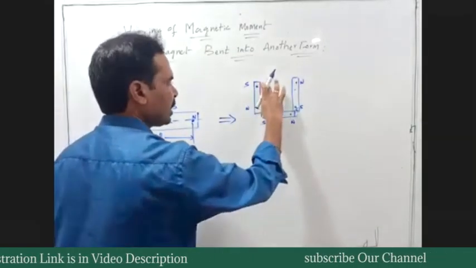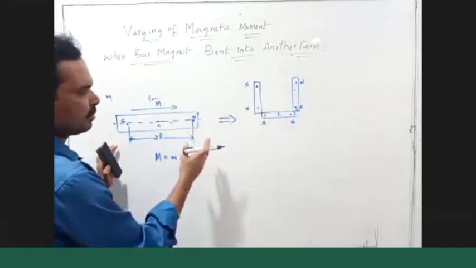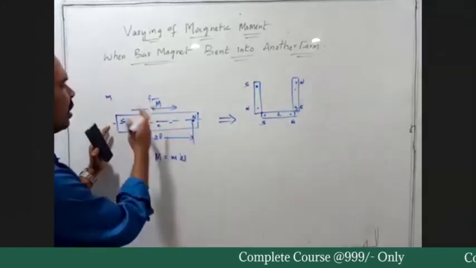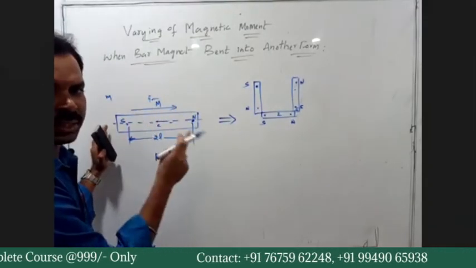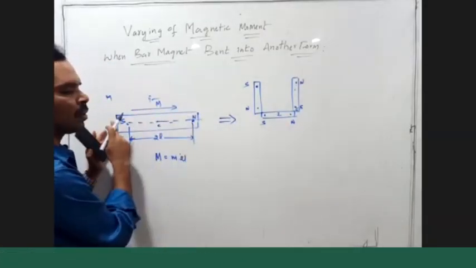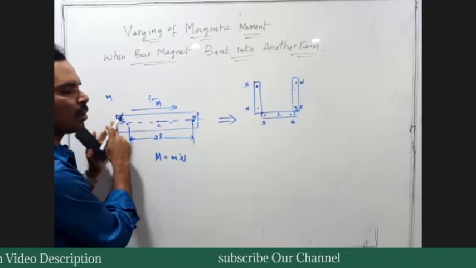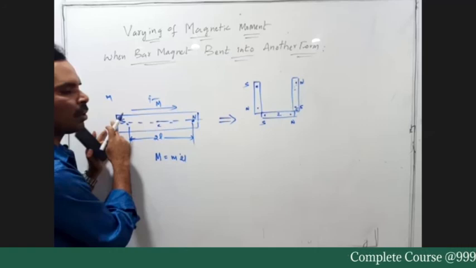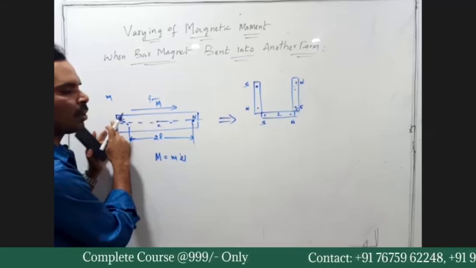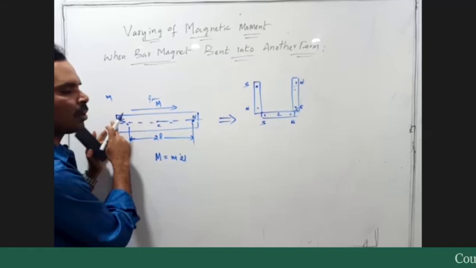So what is the magnetic moment of this one here? The total length is divided into 3 parts, so it is cut in the perpendicular direction. What is the magnetic moment of this U-shaped magnet? This is the initial bar magnetic moment. So what is M dash? Here M dash is the magnetic moment of the U-shaped magnet.